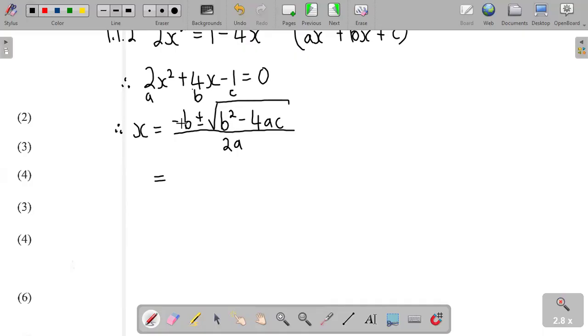So we substitute: minus b, so it's minus 4, plus or minus the square root of 4 squared minus 4, multiplied by 2, and c is negative 1.